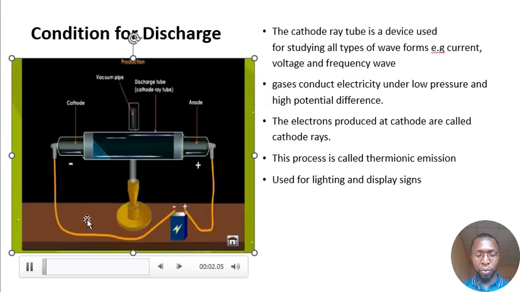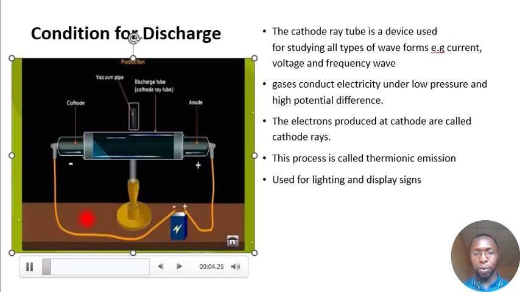This video is showing us a cathode ray tube that consists of a cathode and an anode. Now, a potential difference of high voltage is connected to the cathode and the anode using a battery.